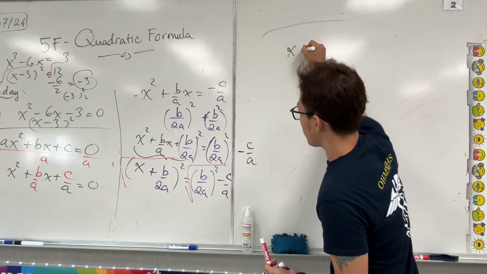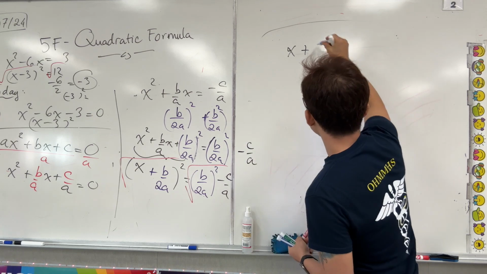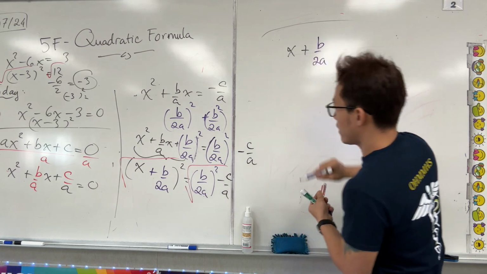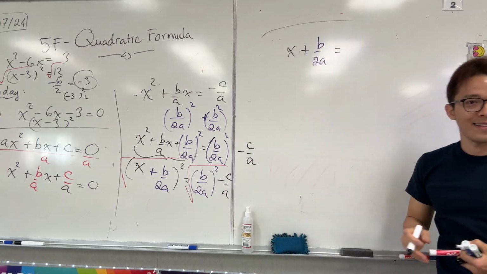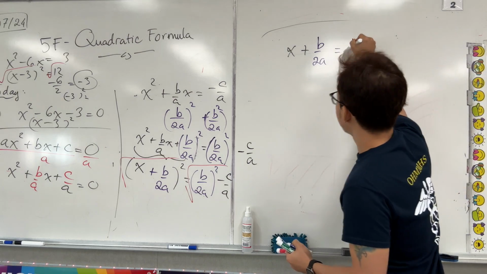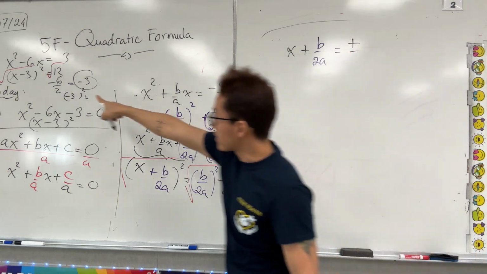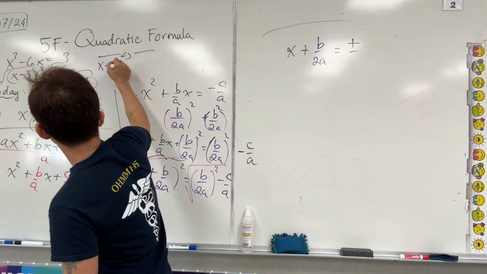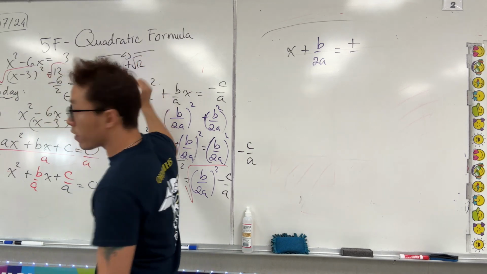So you have x plus b over 2a equal to what? Something happened first: plus minus, right? Like this, if you're taking the square root, you're going to have x minus 3 equal to plus minus the square root of 12.